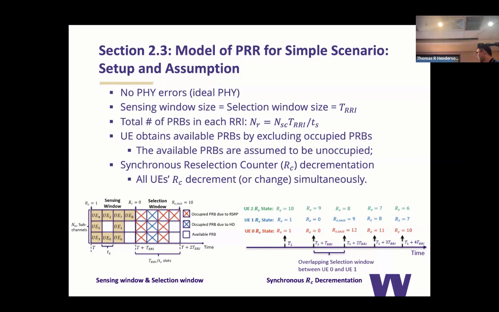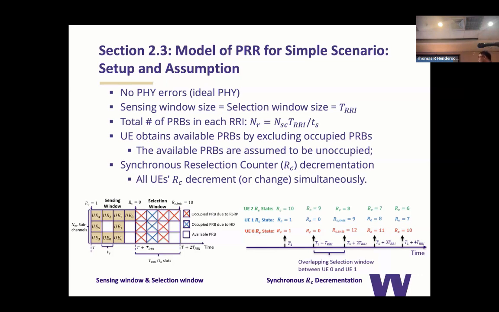So in the selection window, the UE will know which PRBs are available, and we assume that those available PRBs are unoccupied. Then the UE will reselect one of the available PRBs in the selection window with probability 1 minus PK, or stick with the current PRB with probability PK.